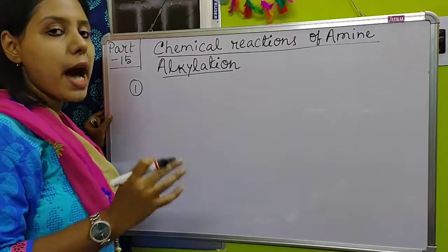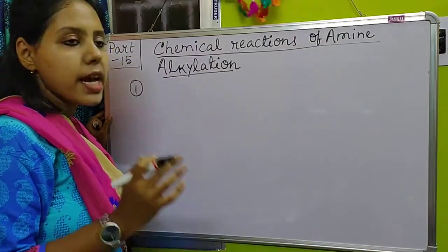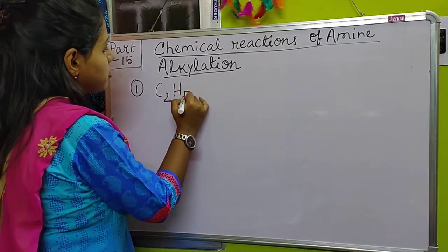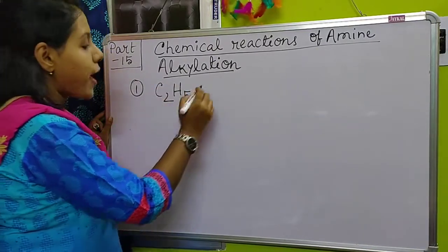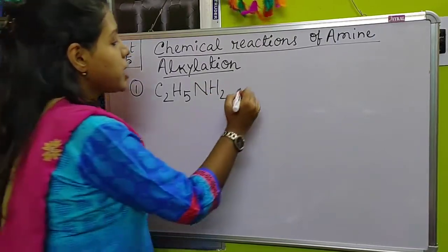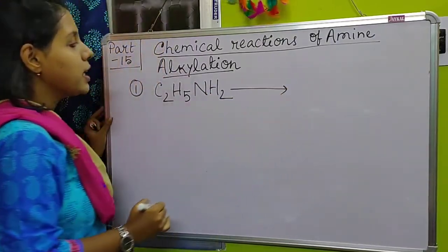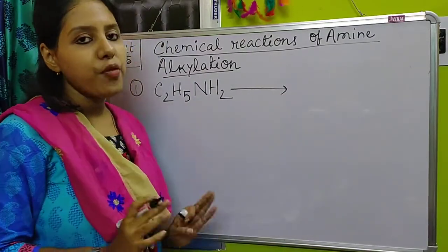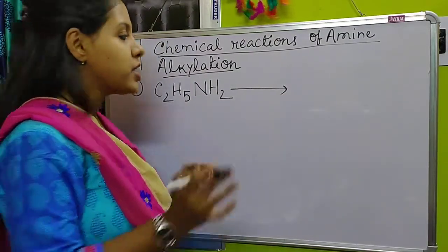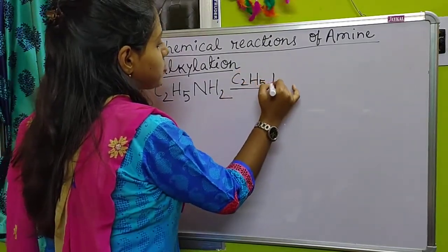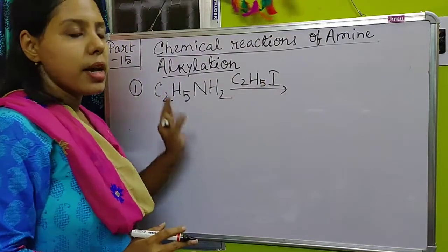Suppose we have taken a primary amine, that is ethyl amine, C2H5NH2. Now here we are adding one alkyl halide, that is C2H5I, ethyl iodide. So what will happen here?